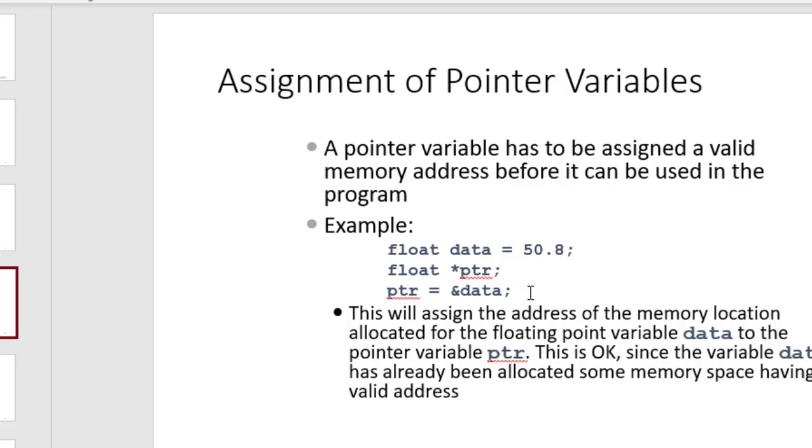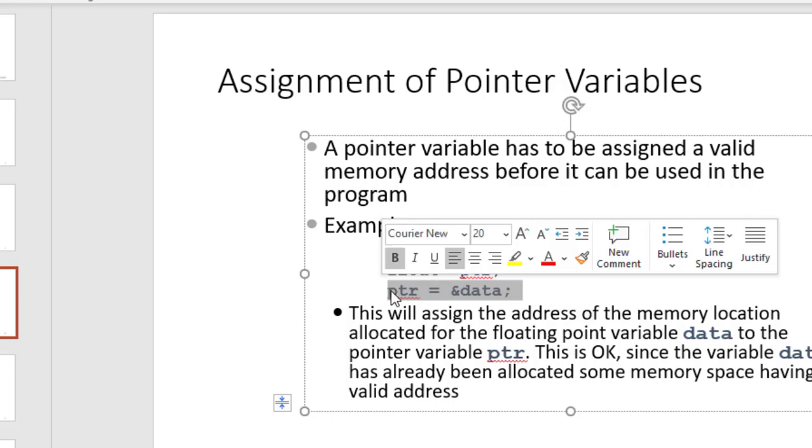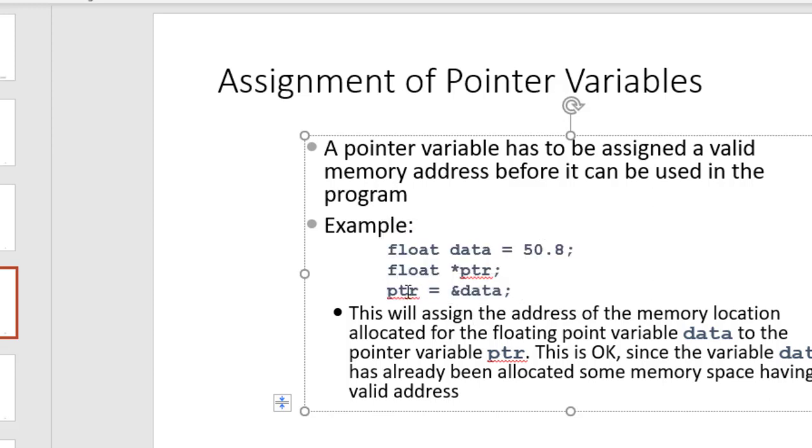Now if you want to assign a value to a pointer, that value should be the address of another variable. So this is the way that you can use. You write the pointer name equal to the address of the variable, which means this pointer ptr will point to, or will hold, the address of data in the memory location.